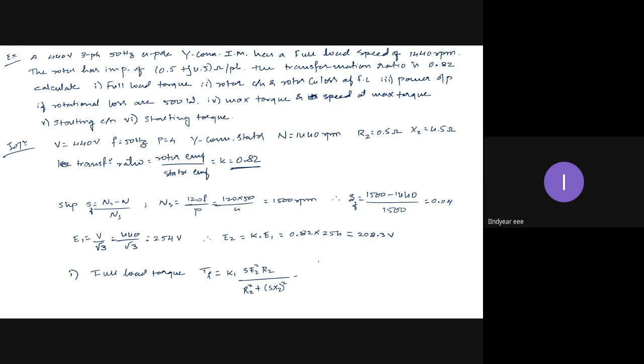I will write this as 3 divided by 2 pi ns. Here I can take ns is equal to 1500 by 60, which is equal to 25 rps.